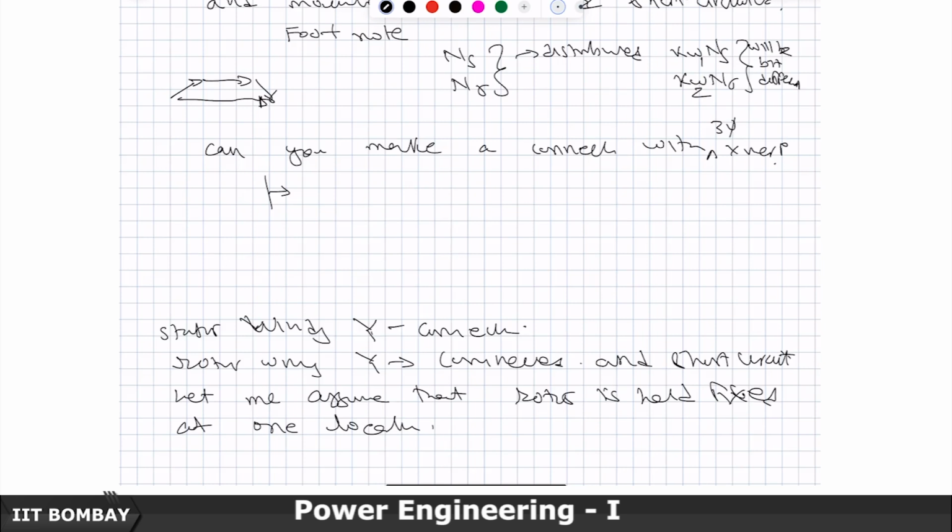But this is not a salient construction of an iron piece that is there in an induction motor. Instead, what you have is another circle embedded, very symmetric, and 3-phase windings connected on that, usually short circuited.